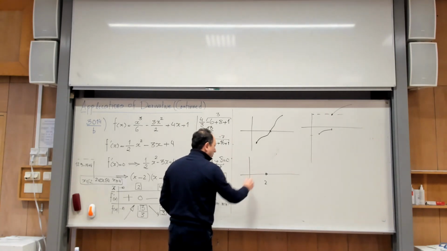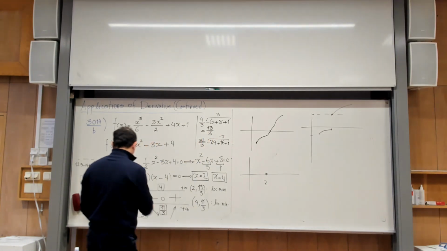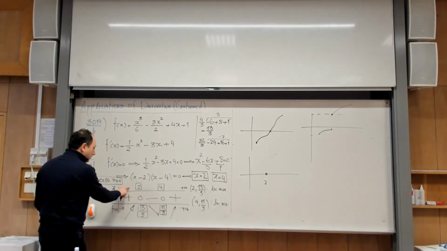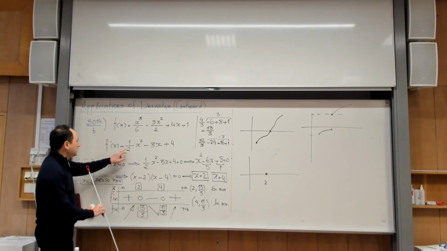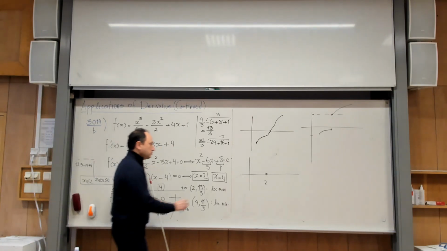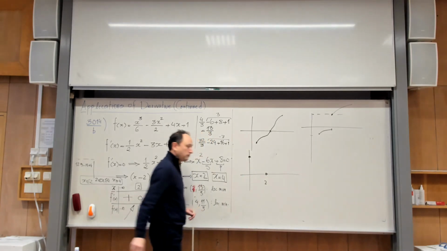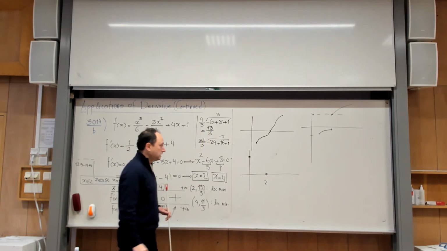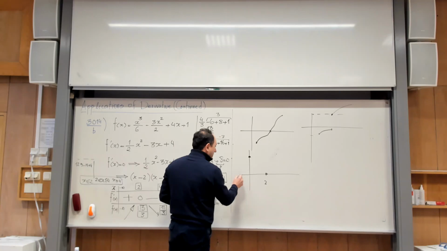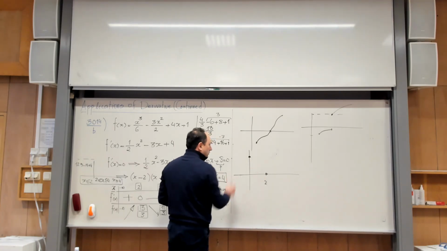Now I told you to choose a random number here. You chose 0, and you put 0 here, you got 4. So when I put 0, it becomes 4, somewhere here. Yes? Is that right?